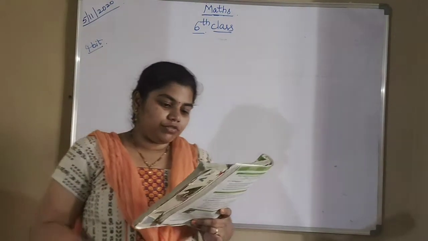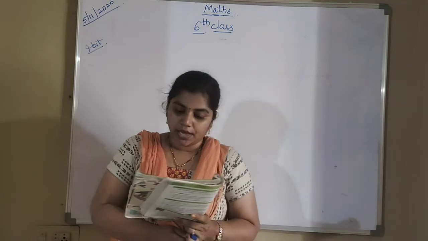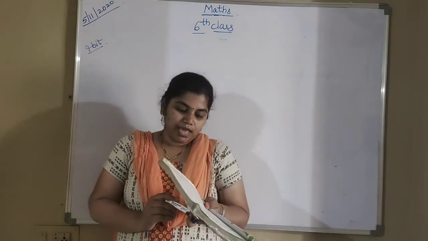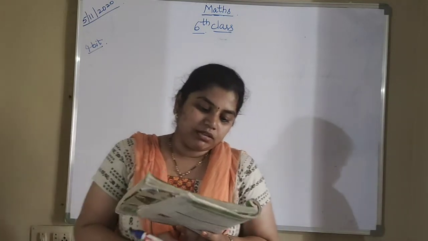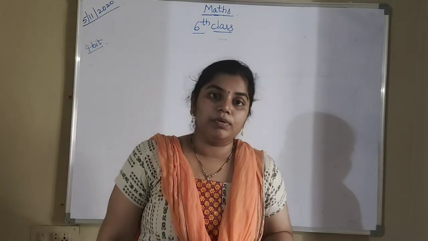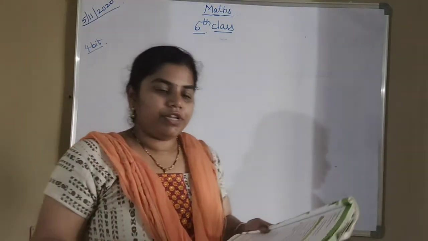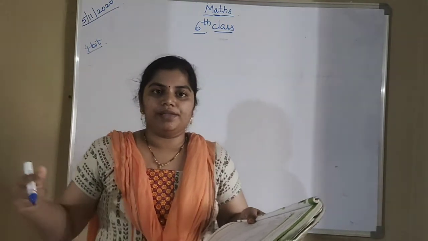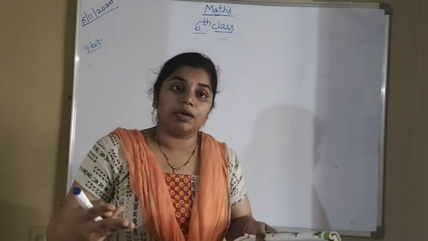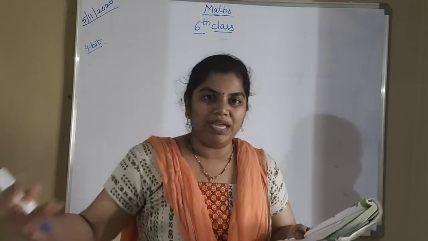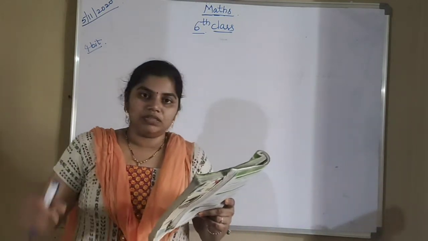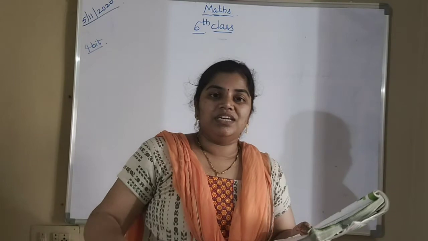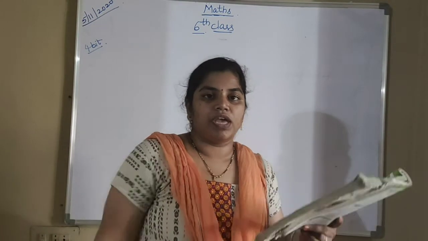Make three different 3-digit numbers using 1, 9, 8, where each digit can be used only once. Check which of these numbers are divisible by 9. They have given three different digits. They are 1, 9 and 8. So with these digits, you have to form three different numbers and the digits should not be repeated. So after forming the three different numbers, we have to check whether they are divisible by 9 or not.